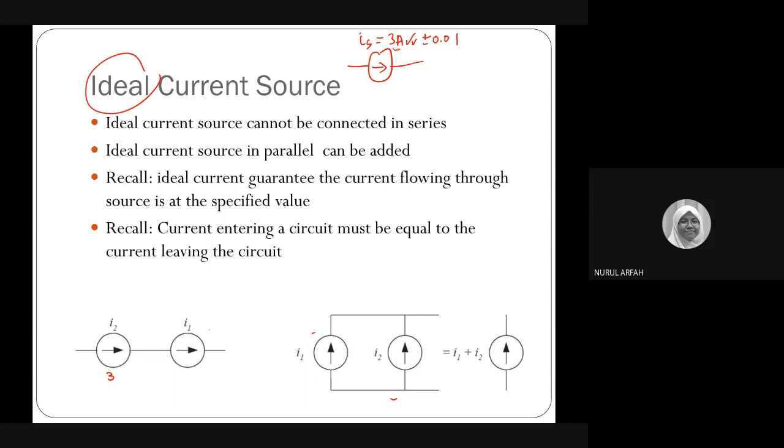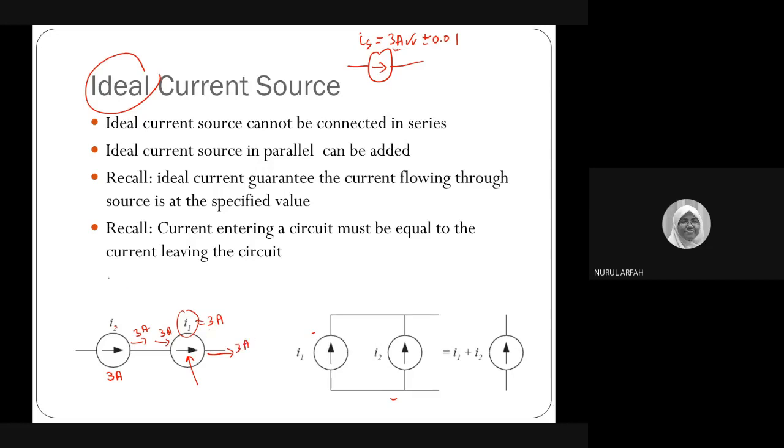So if you look at your left side here, if this is 3 amps, then you're supposed to deliver this source of 3 amps over here. And then entering this I1 source here should also be 3 amps. Since this is a source, you should have a source of 3 amps, and the delivery of this should also be 3 amps.